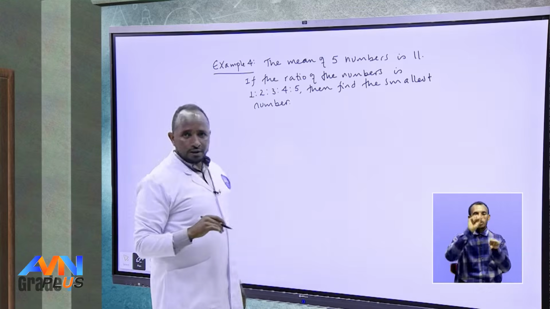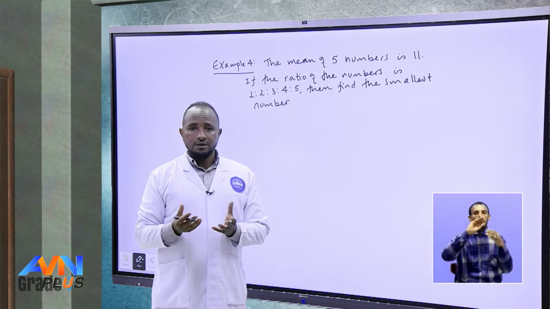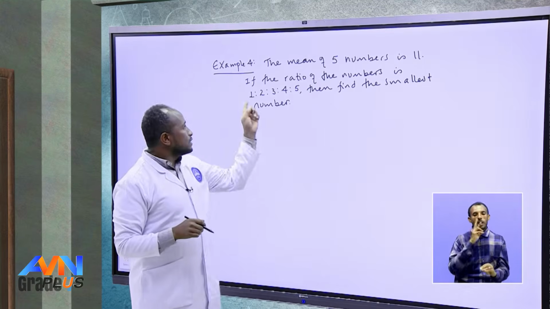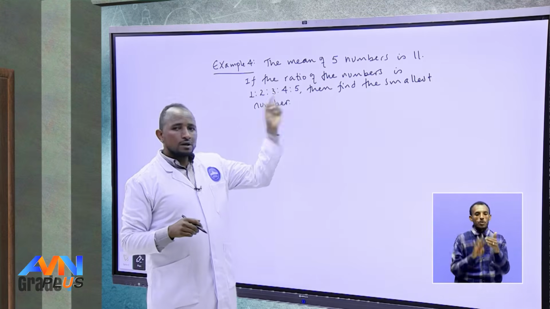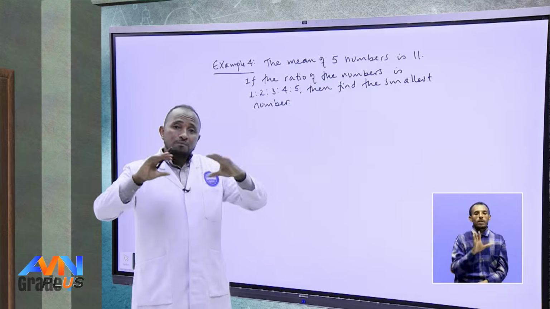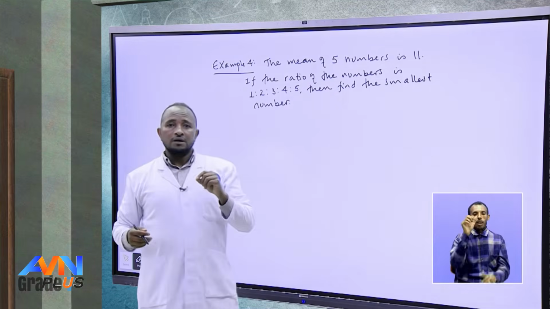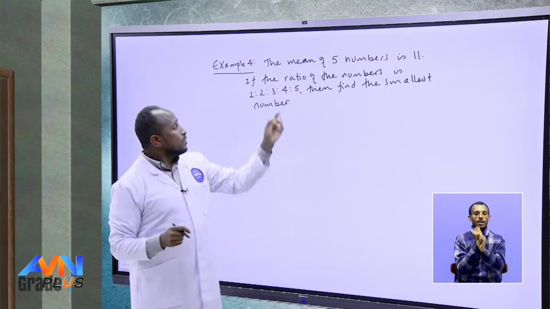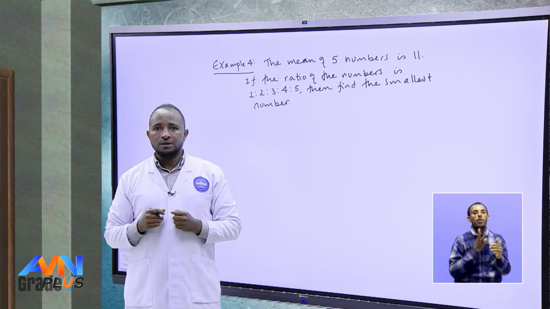So here in this question we have 5 numbers, but the numbers are not known. The numbers are in the ratio of 1:2:3:4:5, and the mean of these numbers is given to be 11, and we are asked to find the smallest of these numbers. So how do we do this question?